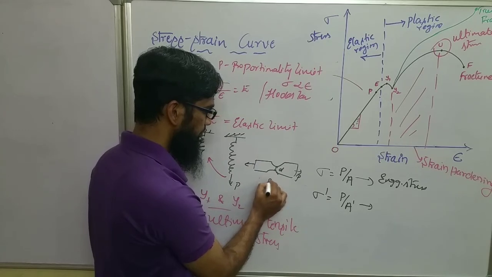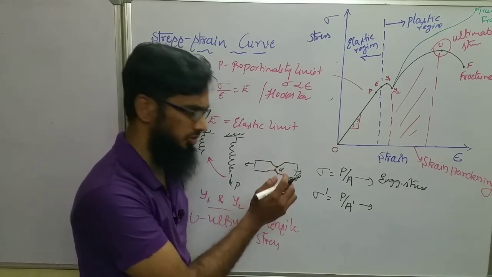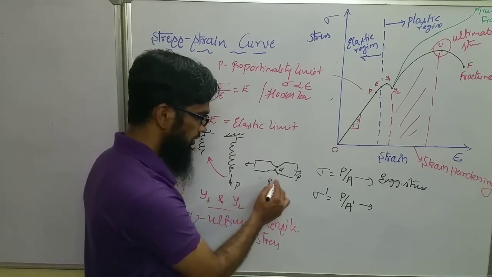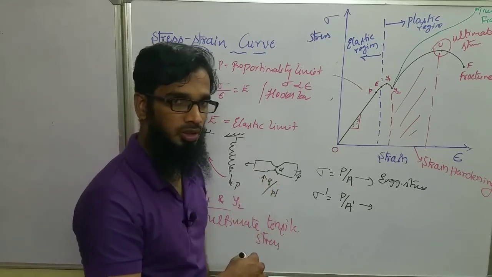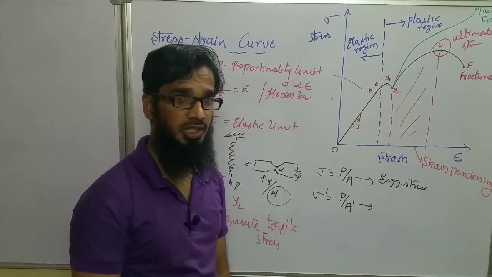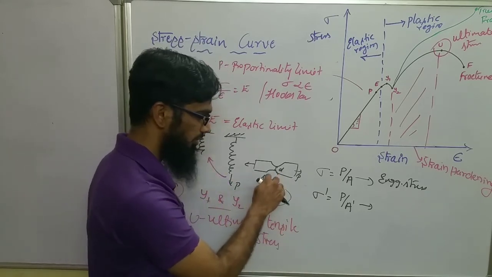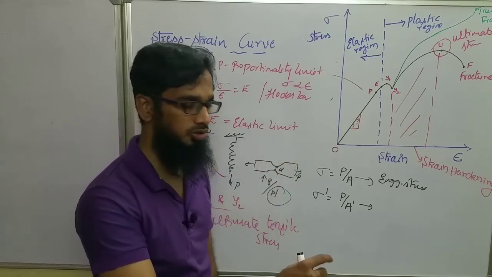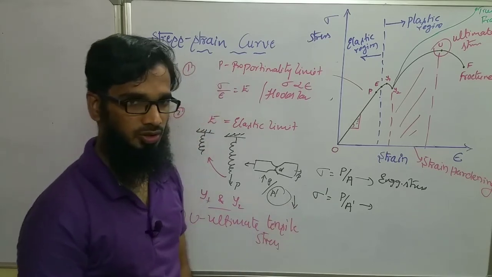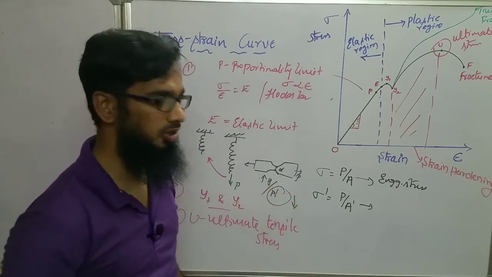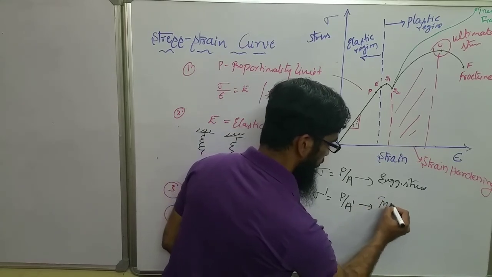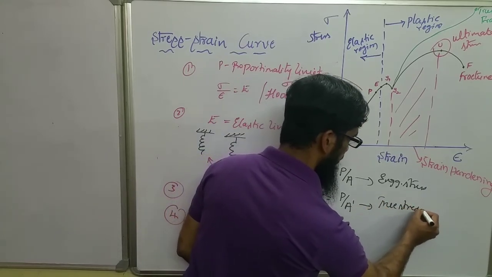With this load, I need to take the actual cross-sectional area. So the numerator will be maximum, but A dash, the cross-sectional area, decreases because of the decrease in the lateral dimensions. Once the numerator increases, the denominator decreases, because of the instantaneous cross-sectional area. Therefore this stress is called the true stress.